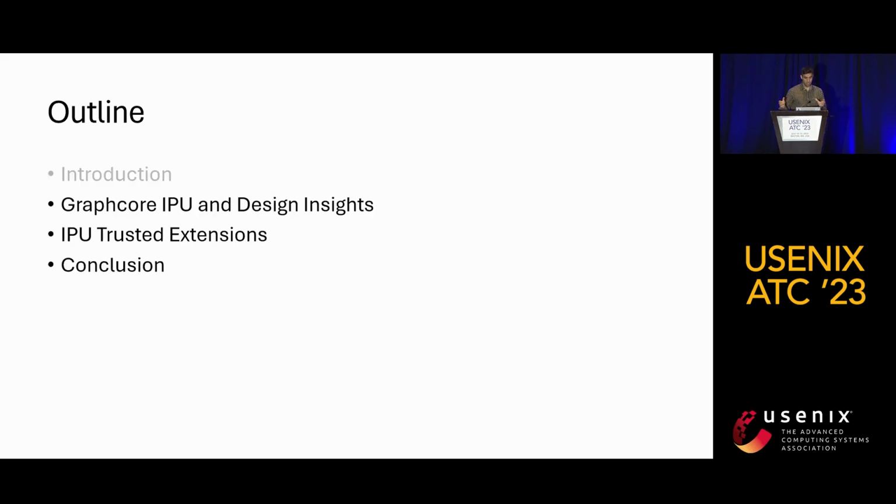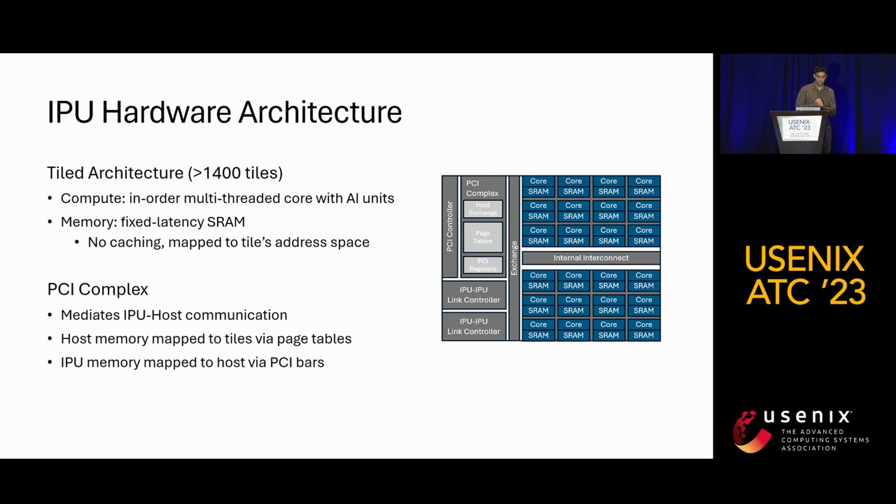Before I dive into more details about the trust extensions we added to this device, I'll introduce the Graphcore IPU architecture because most likely people are not familiar with it. IPU stands for Intelligent Processing Unit. It's a quite massively parallel machine. As you see here, it employs thousands of tiles.